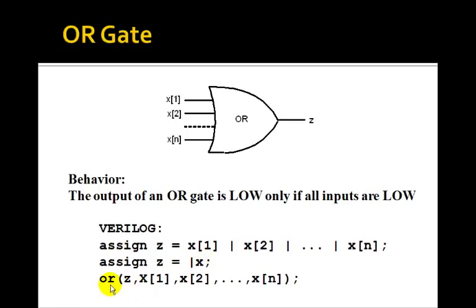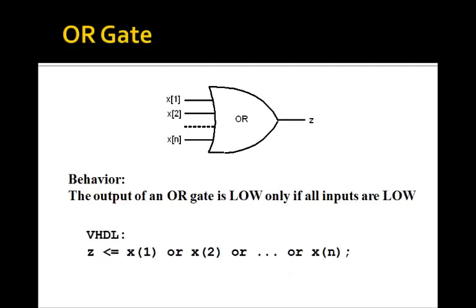And we have the gate instantiation statement OR, producing the output z for the inputs x1 to xn. Again, in Verilog, you have to spell out the word OR and use the curved brackets for the array indices.